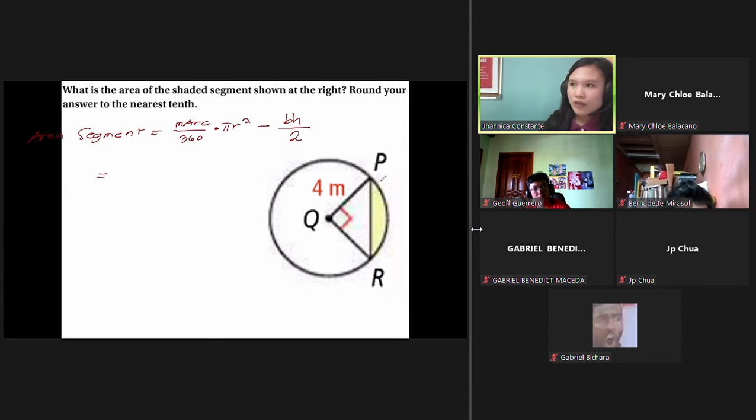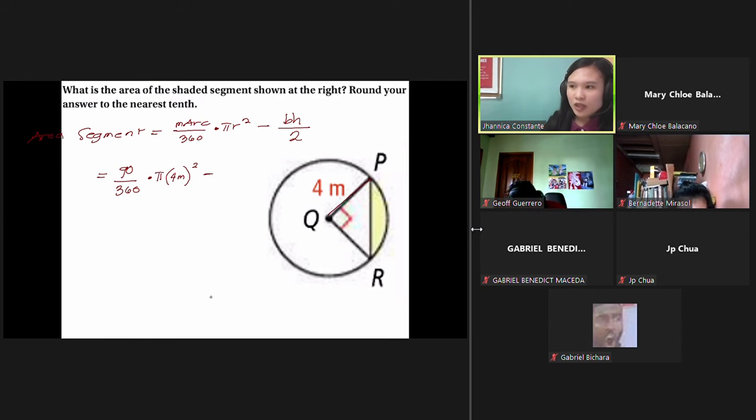So measure of the arc, which is equal to 90, since we have a central angle that measures 90 degrees, divided by 360 multiplied by the exact value of pi times the radius, which is 4 meters squared, minus our base and the height. The base and the height is also your radius.